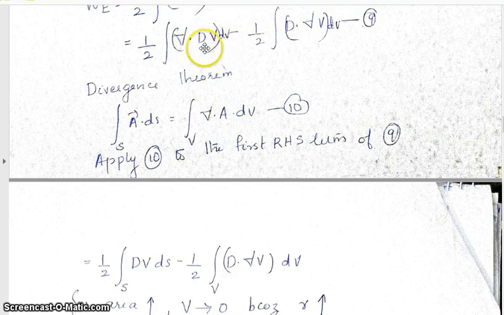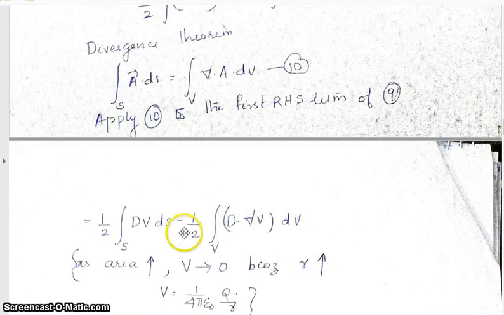Just compare this term and this term. So in place of A I have DV, so accordingly that is equal to half into surface integral of DV dS. Point to be noted: I am applying equation 10 to the first right hand side term of equation 9. The second term is kept as such: minus half integral D dot del V dV.